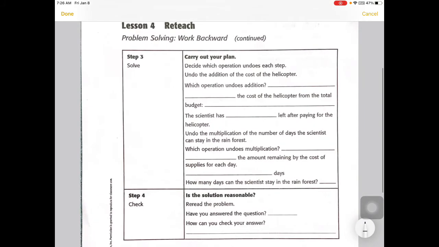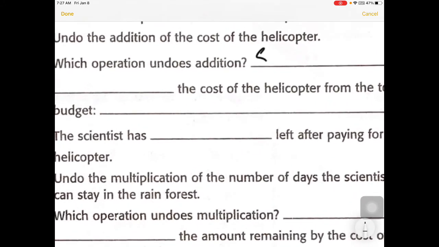Okay, step 3. We need to carry out a plan. We need to decide which operation undoes each step. Undo the addition of the cost of the helicopter. Which operation undoes addition? Yep, you're right. Subtraction.